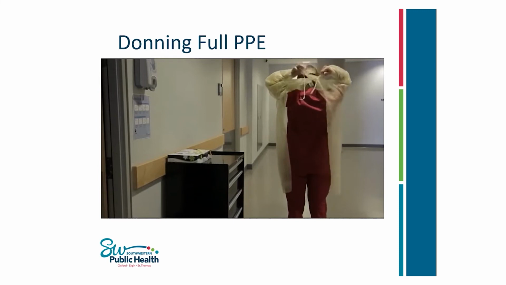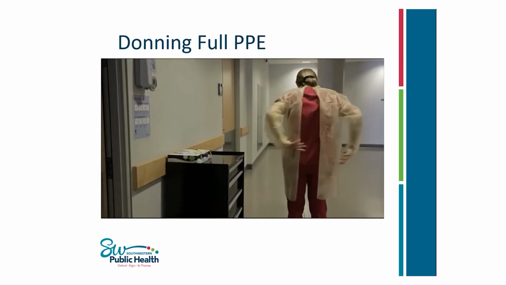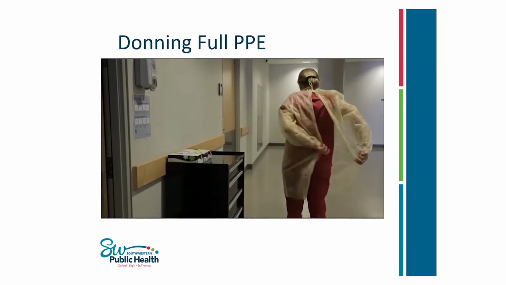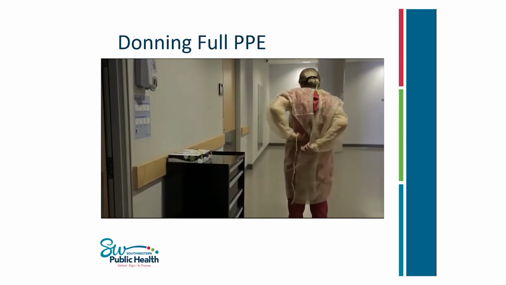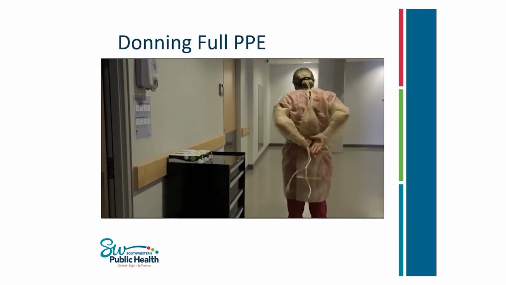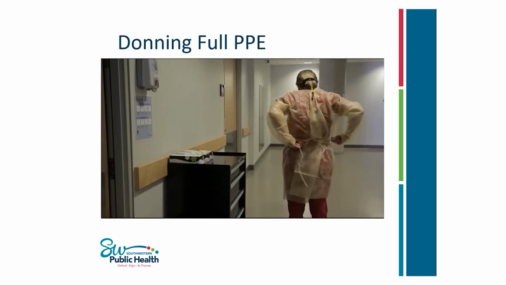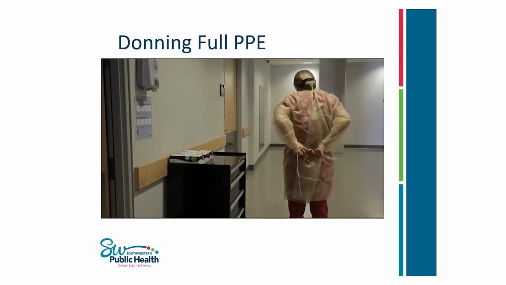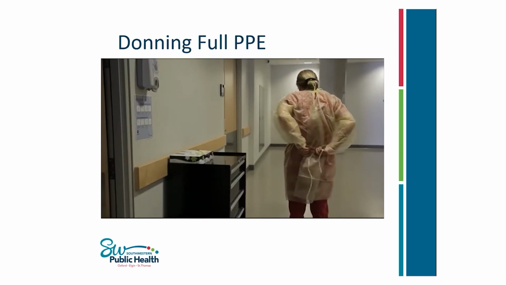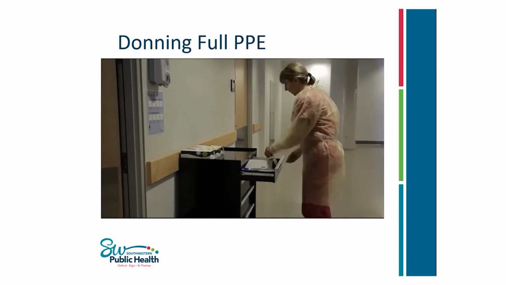So as we can see, she's first putting her gown on, tying up first the top, and then she will tie the second one to ensure that all of her clothing is protected. And notice again, she's donning before she enters the client's room, so in a clean environment. It's also away from where she will take off her PPE and dispose of it to avoid contamination.